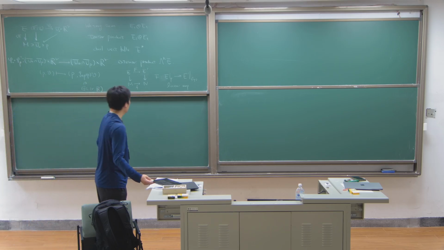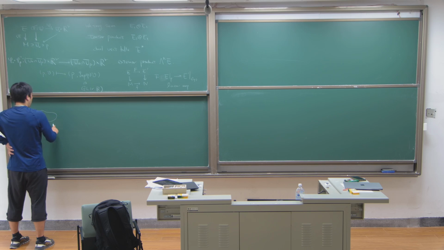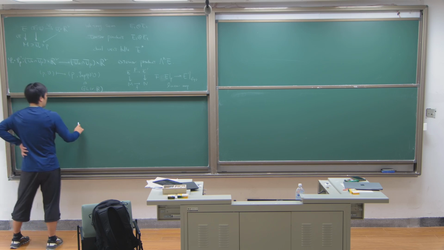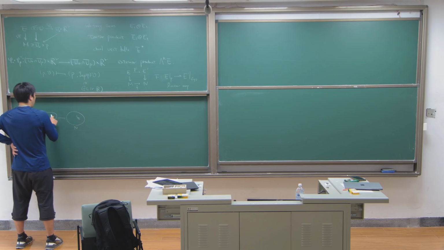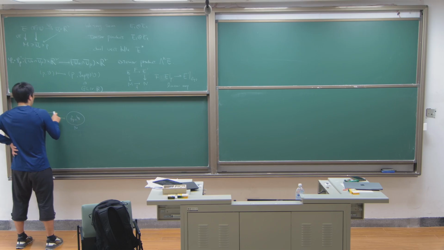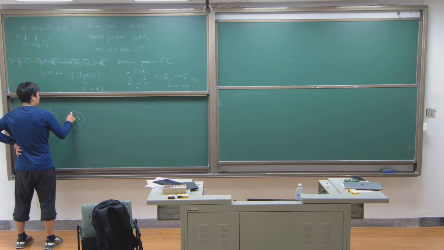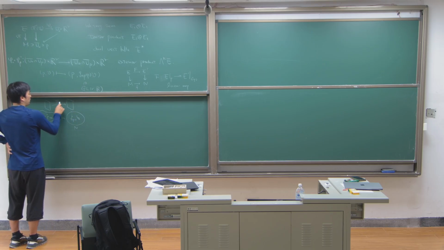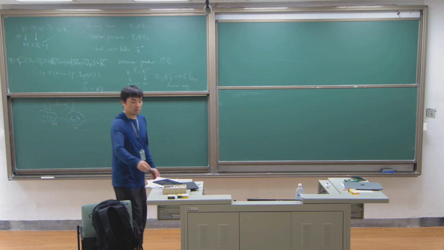Namely, if you have a manifold M and you map point P to f of P, at each point you have a vector space, and this map F is just given by linear maps.